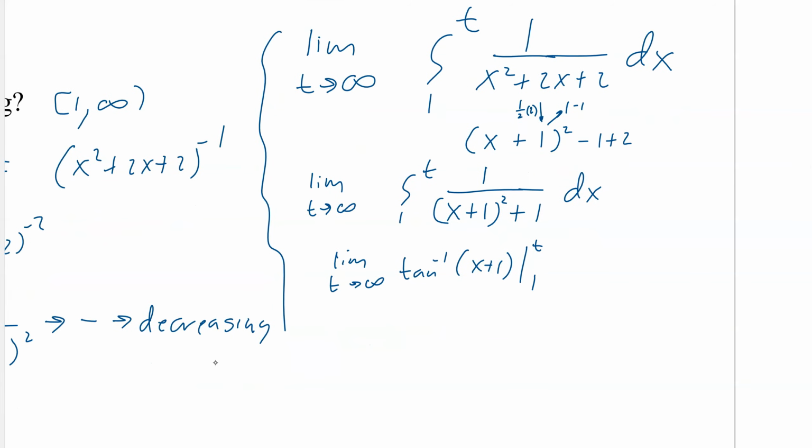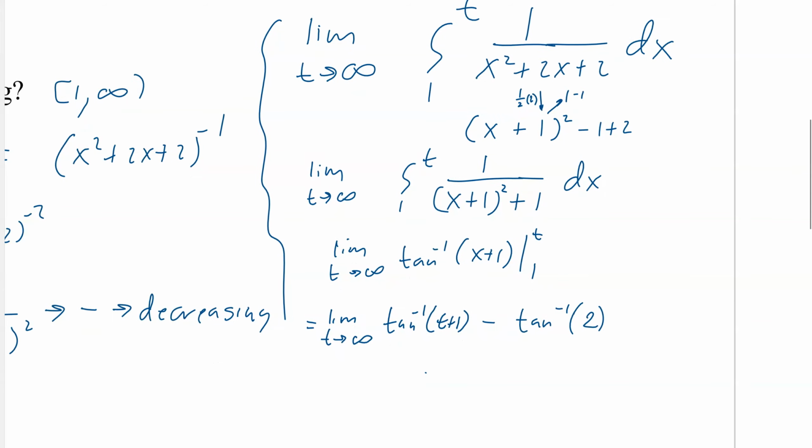And now if we plug in t, we would get the limit as t approaches infinity of inverse tangent t plus 1, minus inverse tangent of 1 plus 1, we'll just say it's 2. Now, we know with inverse tangent, as t goes off to infinity, so your inputs of your inverse tangent go off to infinity, that means we're going to be going to pi over 2.